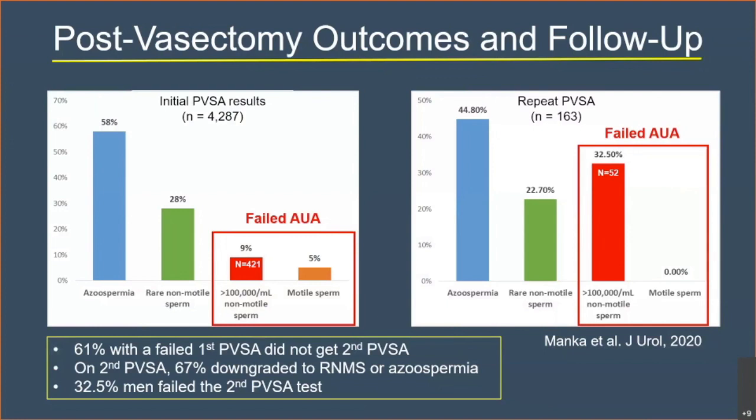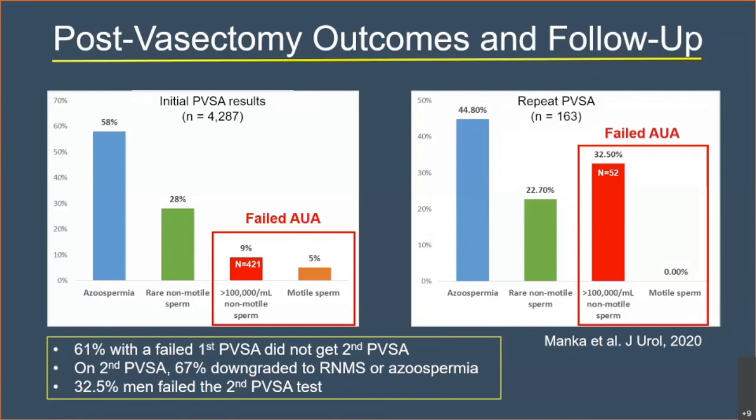The first bar diagram shows the initial, which is the first post-vasectomy semen analysis results. Majority of the men passed the test per the AUA criteria, either had azoospermia or rare non-motile sperm, the blue and the green figures.